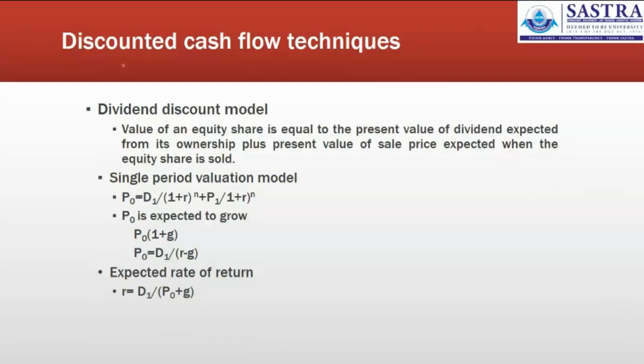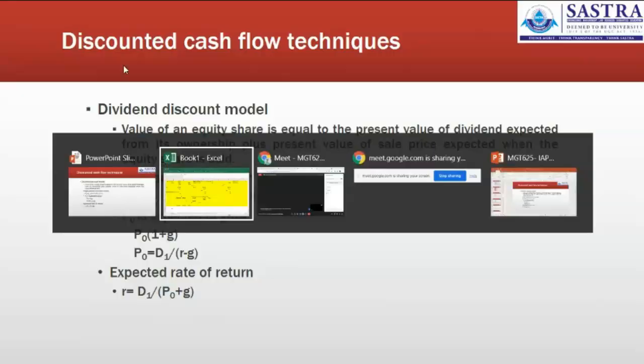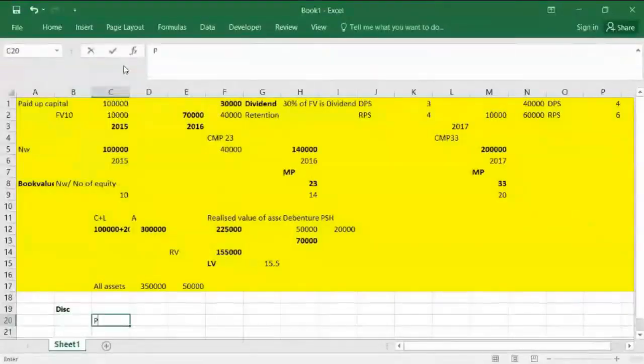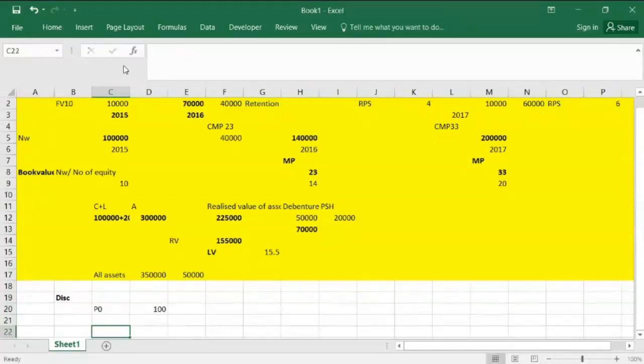Or alternatively, say for example, I have given here P0, the market price at the beginning, as 100 rupees. Prior to that, I can expect the required rate of return from the investment is 10%.